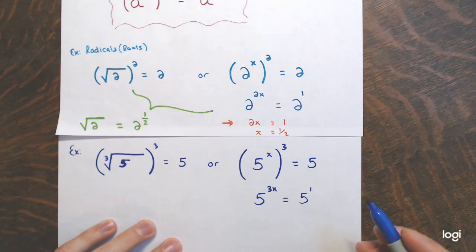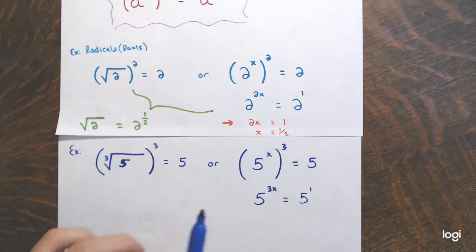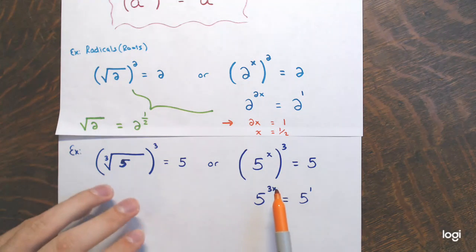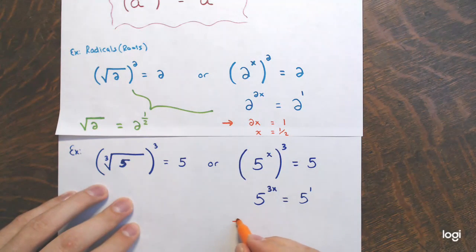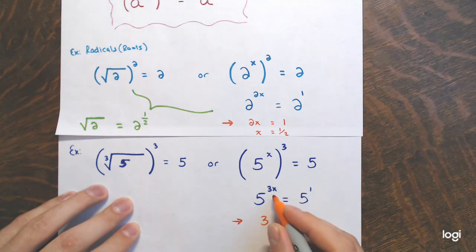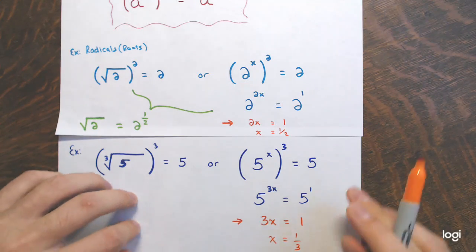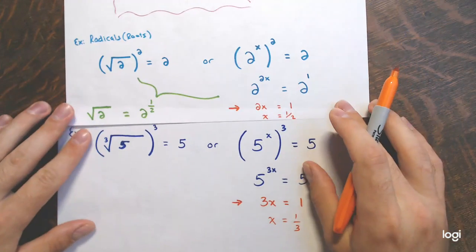Just 5. And in order for these to be equal, right, in order for two numbers with the same base to be equal, they have to have the same exponent. So this implies that the 3x, the exponent on the left, must be equal to the 1 on the right. And then dividing both sides by 3 here, I see that the value of that power, that x, must be a third, right, 1/3.